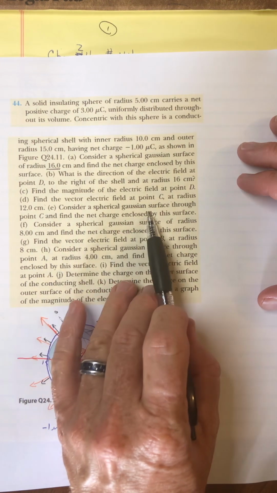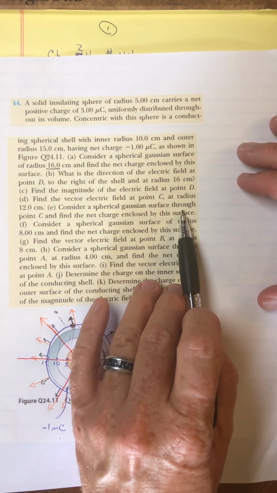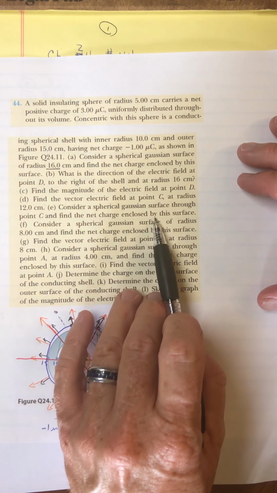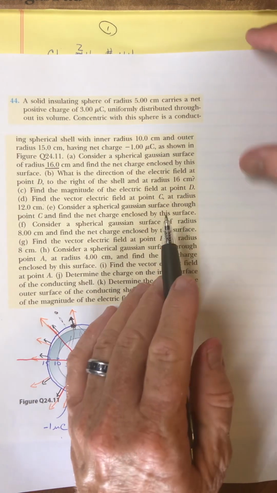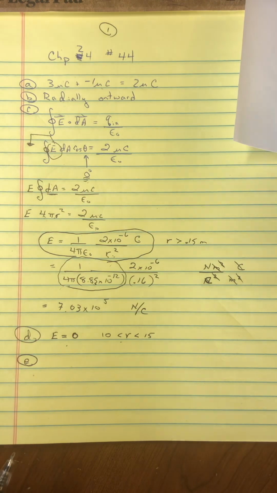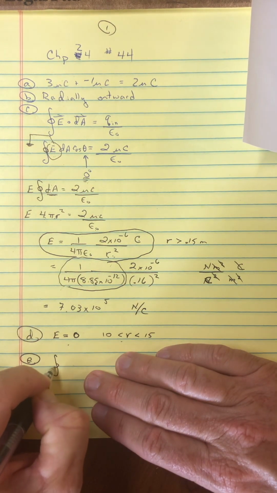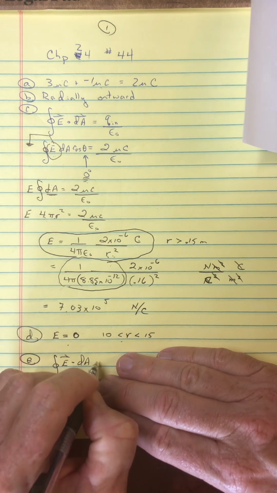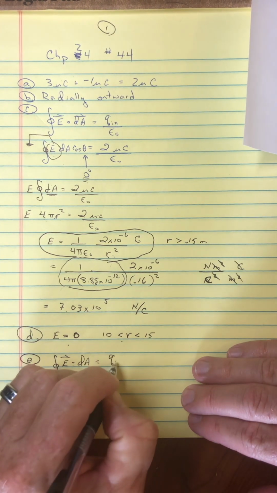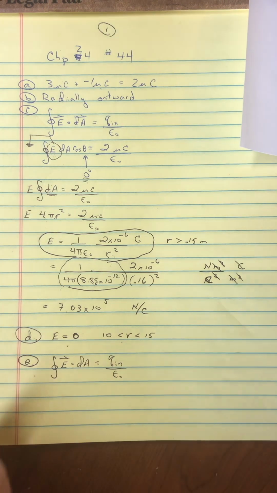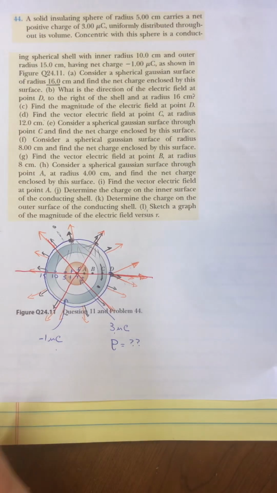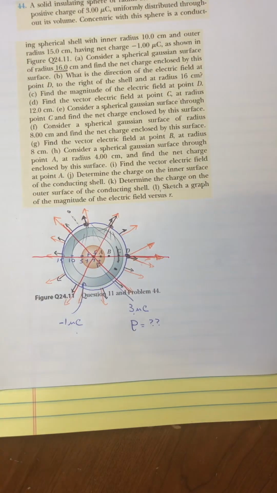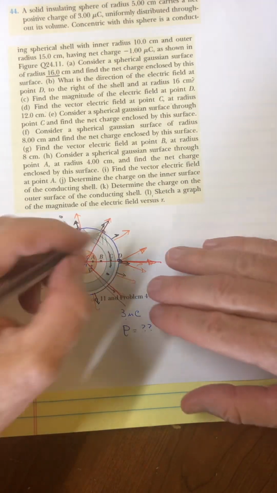Now considering a Gaussian surface through the point C and find the net charge enclosed by this surface. Okay, so let me go ahead and maybe just write out Gauss's law. And maybe I will also draw, although this picture is going to get pretty busy before this problem's over.